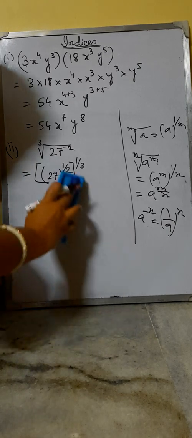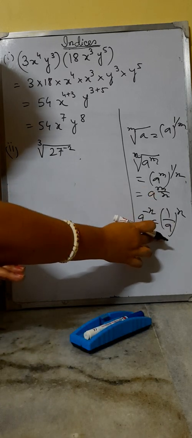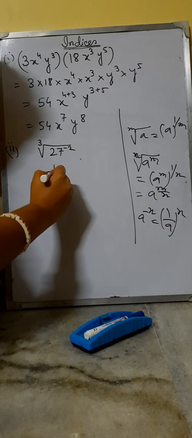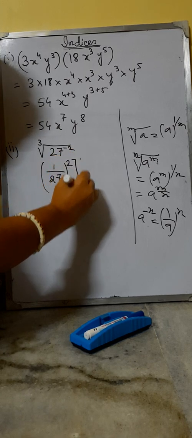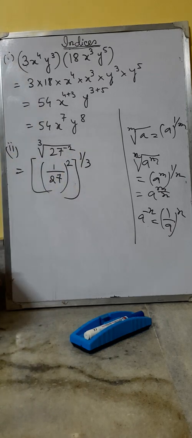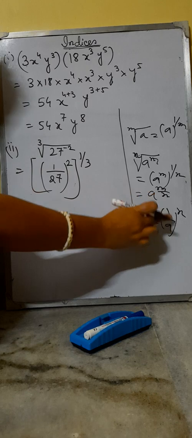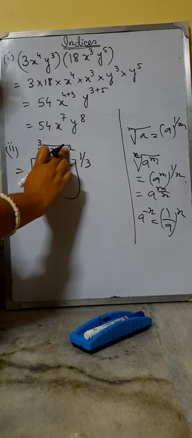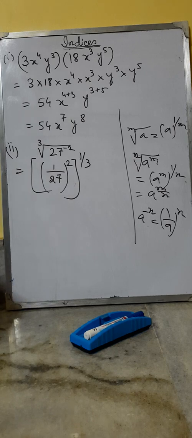So it is 1 by 27 whole to the power 2, and to the power 1 by 3. Now clear? In place of a it is 27, so 1 by 27. Power is minus 2, whole to the power n, so in place of n, write 2.